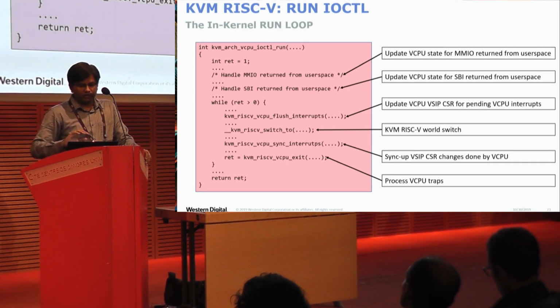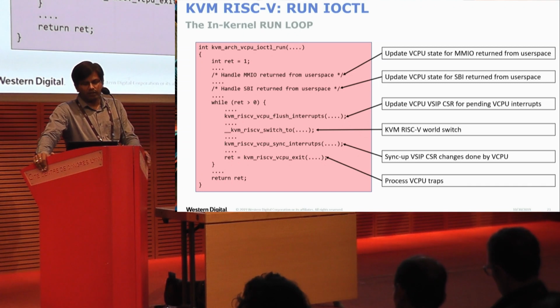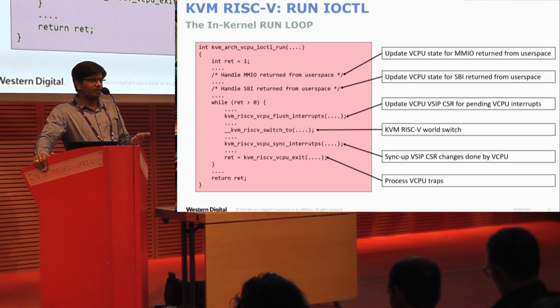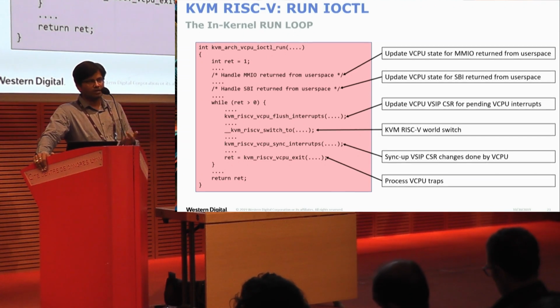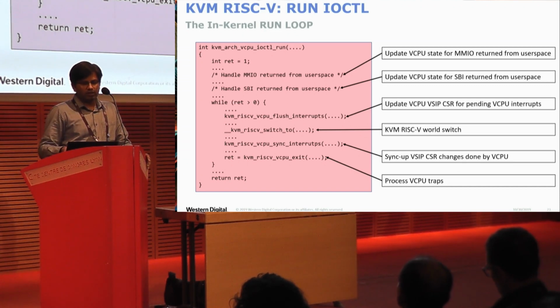Then in the loop itself, we flush the interrupts just before entering the guest, and when we hit an exit condition, we first sync up the interrupts, because there are certain bits in the VSIP register, as he mentioned, which can be updated directly by the guest VCPU. So we sync up the interrupts and then process the exit.